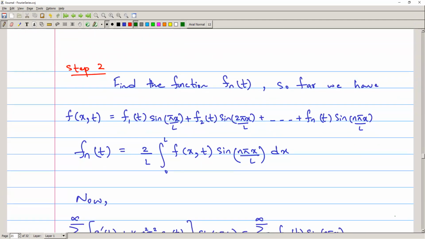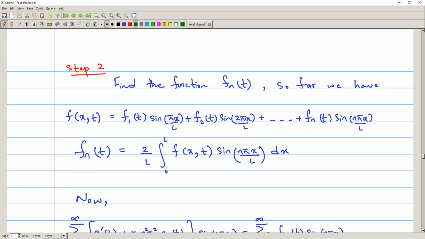Then step 2 is find the function fn(t). From the previous step, we called it f1 of t times X1 of x, plus f2 of t times X2 of x, and so on to fn of t and Xn of x.